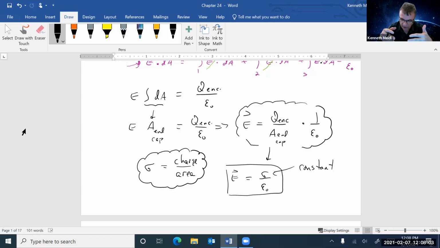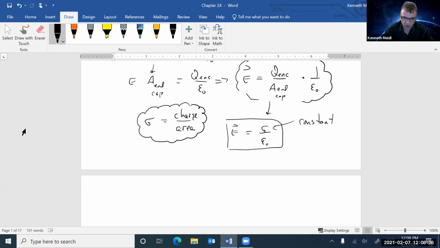And this is pretty typical, a good strategy to have. To find the capacitance, find the electric field. If you get the electric field, then you should be able to find the voltage between the plates. If you know the voltage between the plates, you should be able to end up with a capacitance. So in the back of my thinking, that's what I'm really going to try to do here.